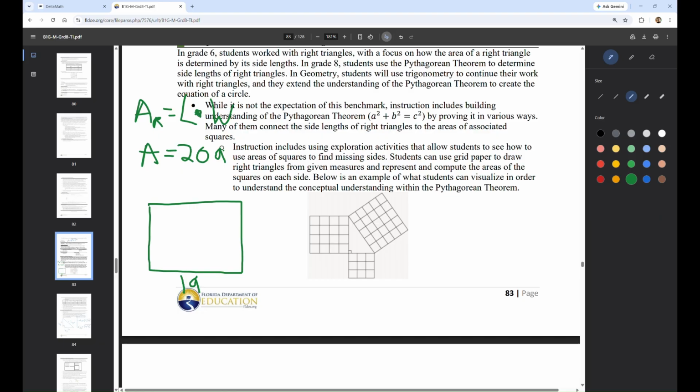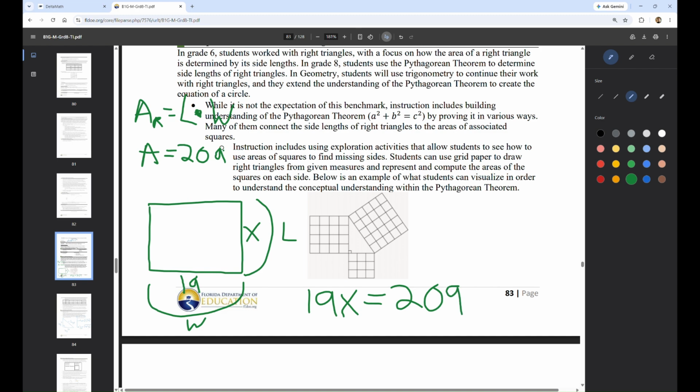Okay, so if this is the width, 19, then this is our length, and we don't know what it is. So 19 multiplied by x equals what? Length times width equals area. Area equals 209.